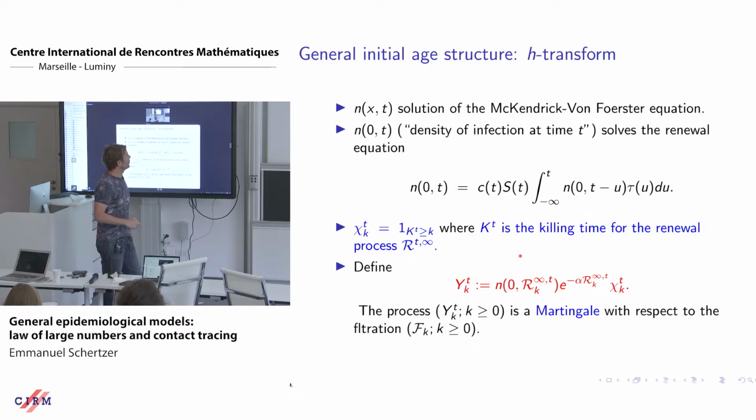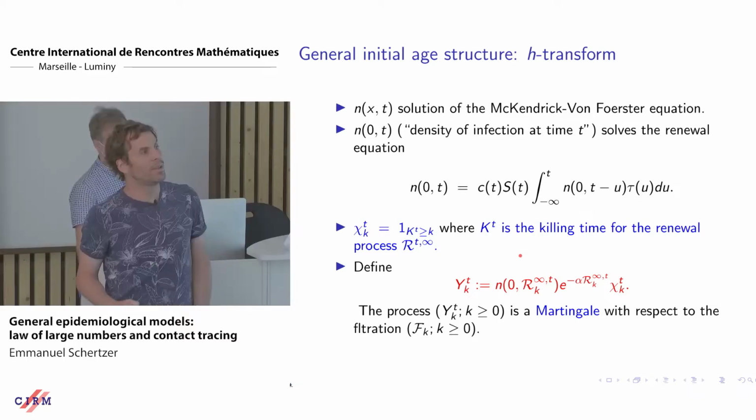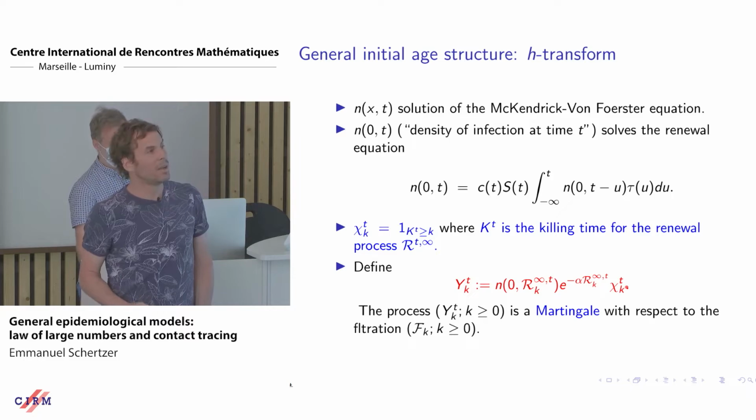And because of the boundary condition of the McKendrick-Von Foerster PDE, it's not very difficult to show that if you construct the process Y_k, which is constructed from the killed renewal process, where this is the renewal process itself, and this is the indicator function that the process was not killed before time k, it's not very difficult to see that this is a martingale.